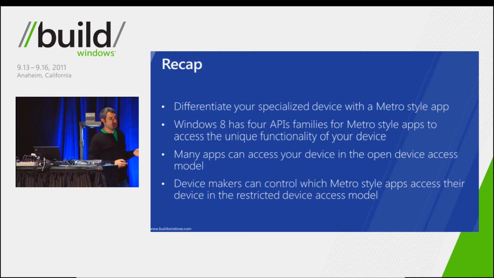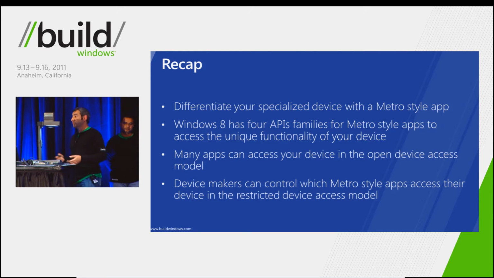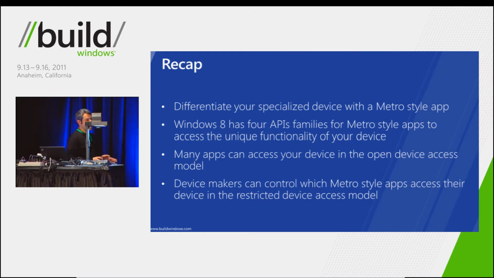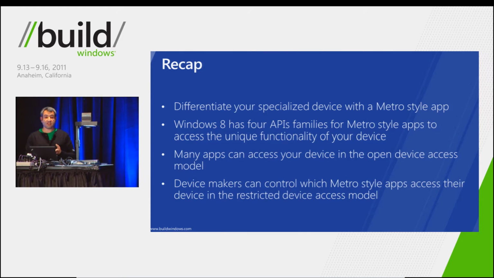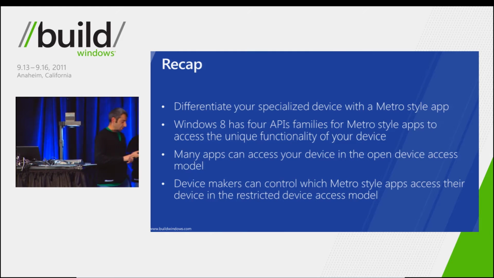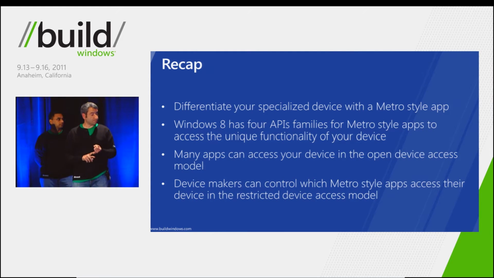I invite you to differentiate your specialized device with a Metro-style app on Windows 8. Windows 8 includes 4 API families for Metro-style apps to access the unique functionality of your specialized device. They are the Windows Portable Device APIs, the Windows Storage APIs, the Windows Networking APIs, and Device I/O Control.